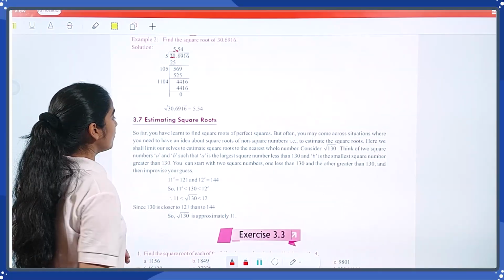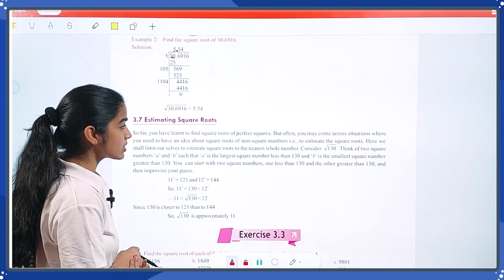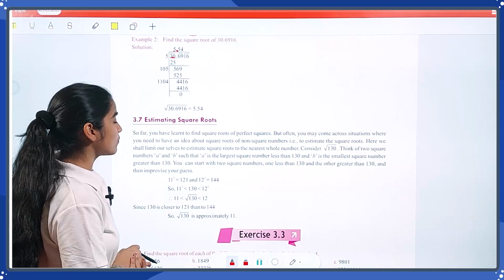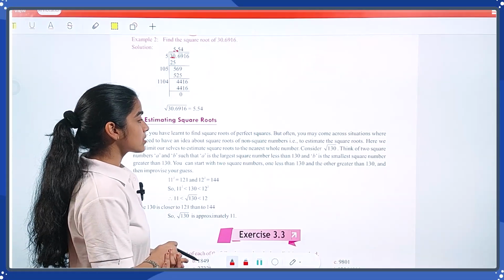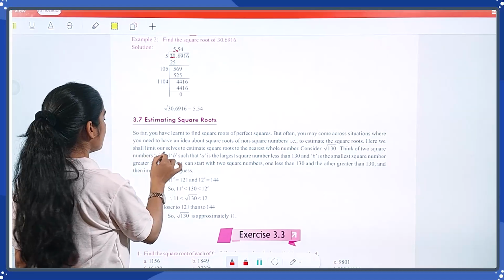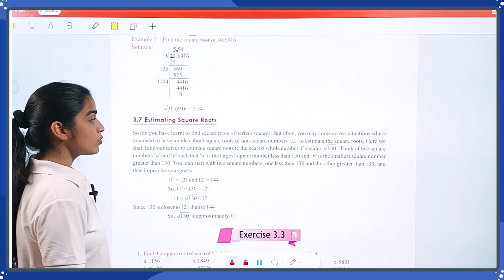Now estimating square roots. So far you have learned to find square roots of perfect squares, but often you may come across situations where you need to have an idea about square roots of numbers that are not perfect squares. To estimate the square roots, here we shall limit ourselves to estimating square roots to the nearest whole number. Consider root 130.